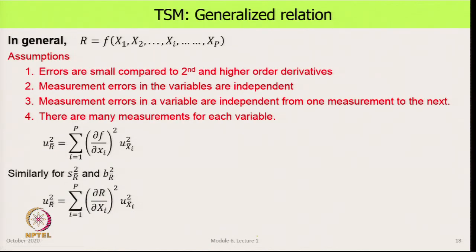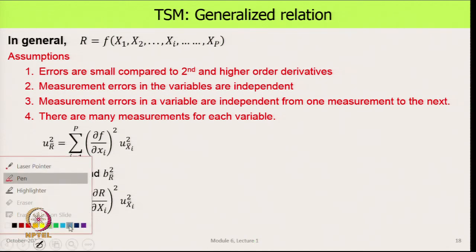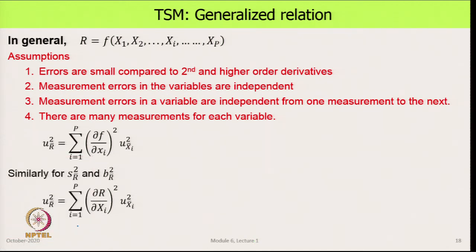So, now we can generalize it to any number of variables that we want. R is a function of x1, x2, up to xp, p number of parameters. So, there are that many independent measurements we are doing in the experiment, that is P.